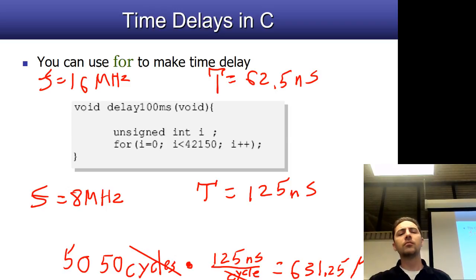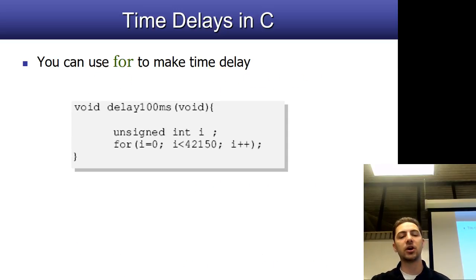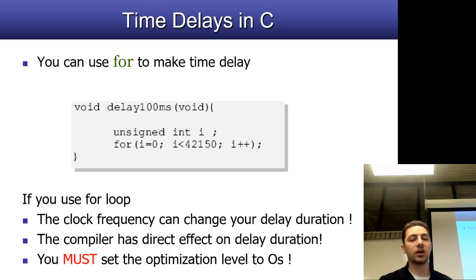All right. So if you're going to use this loop, there are a couple of things you need to keep in mind. First, the clock frequency has a direct effect on your delay duration. So this should really be titled delay 100 milliseconds at X frequency. The compiler actually can change this delay.